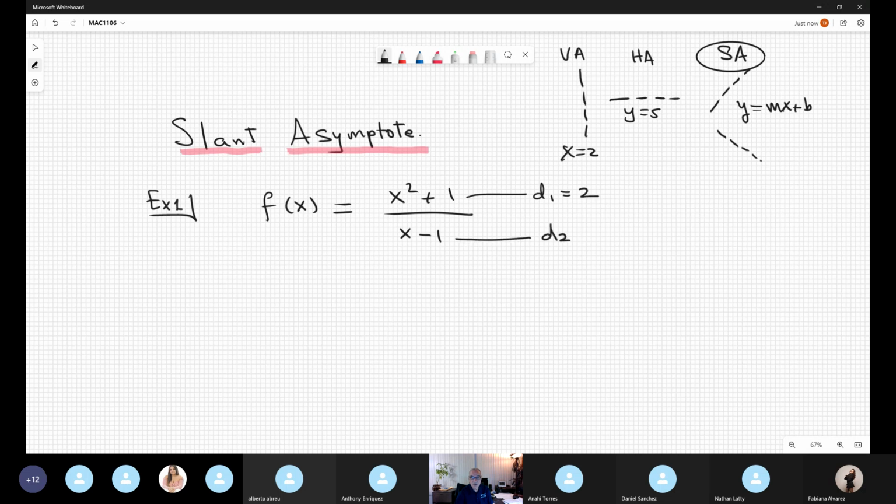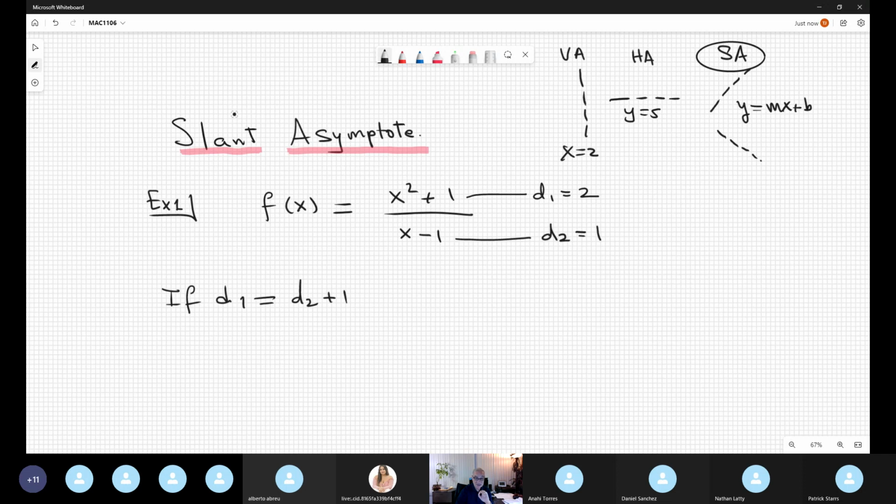Degree 2, the denominator, is 1. So if degree 1 is greater than or equal to degree 2 plus 1, in other words, degree 1 is 1 more than degree 2. So the degree of our denominator was 1, plus 1 is 2.